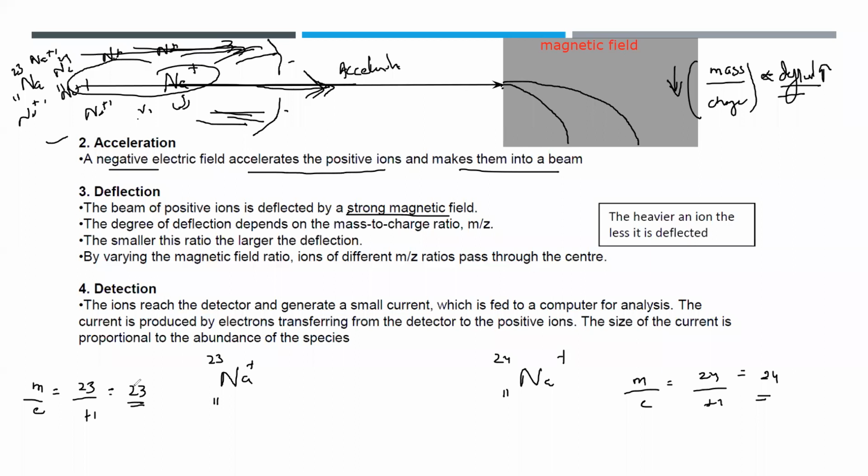So this one having 23 will have a large deflection in a magnetic field, and the one which is 24 will have a small deflection. Sodium 11 and 23 will deflect more, and sodium 24 and 11 will deflect less. Is it clear, this part, the deflection?